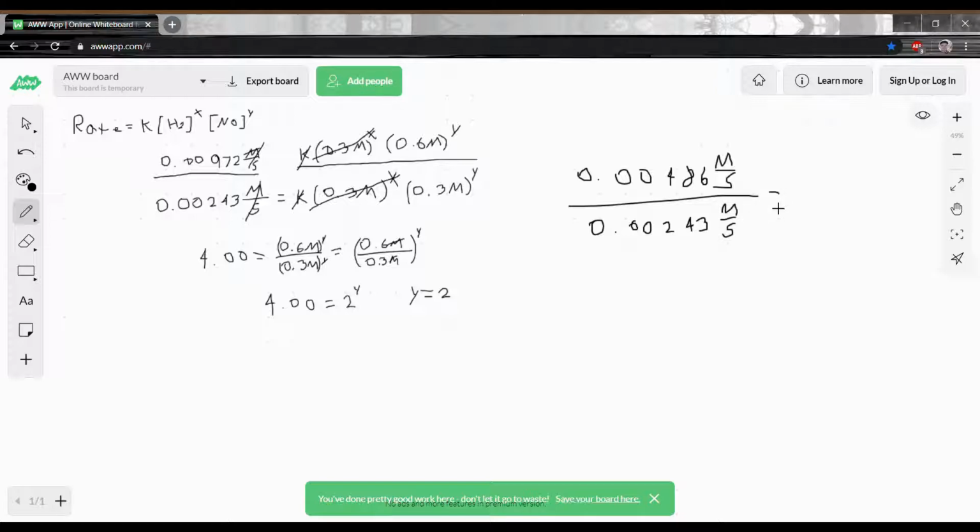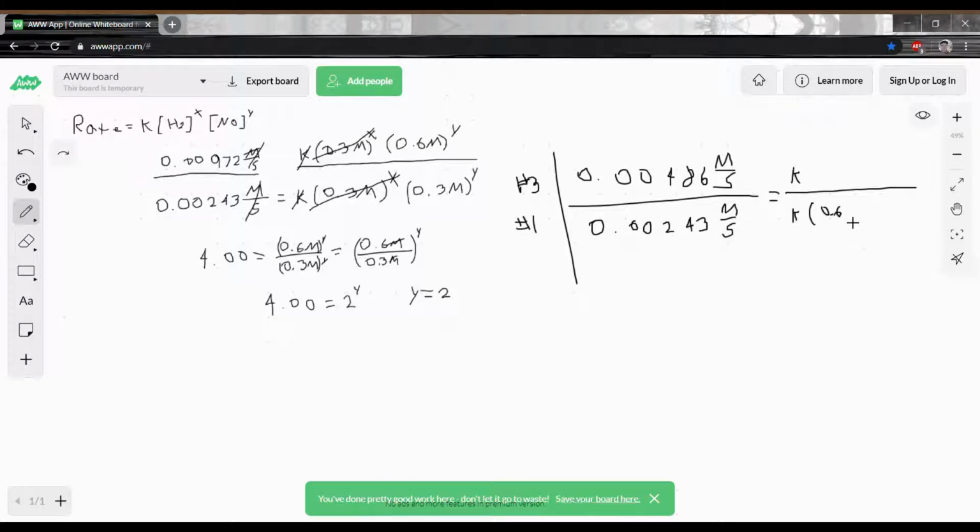And we're going to set it equal to, let's see, K. We have K in each equation. For trial 3, so this is trial number 3, this is trial number 1, the concentration of H2 is 0.6 raised to the x power.